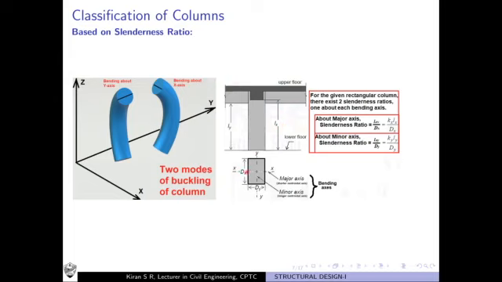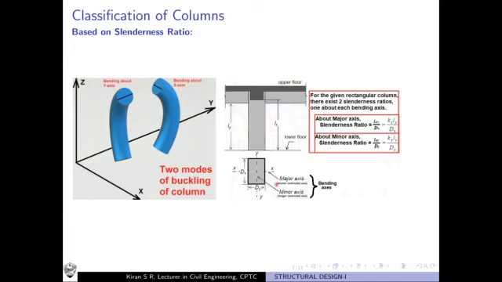But if bending is occurring about the YY axis, then the entire column from the soffit of this beam will buckle like this. So Ly is defined as the unsupported length because laterally this column is supported at this point. So Lx and Ly are somewhat different. It is not the same height.